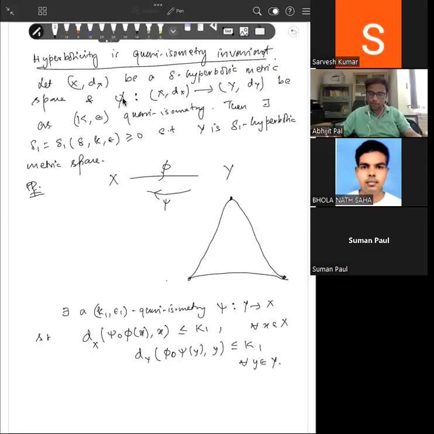So what is the natural thing to do now? You have a quasi-isometry phi from X to Y, and also a quasi-isometry psi from Y to X. Let us take this triangle to be PQR. The natural thing is to take the image of this triangle under the map psi.